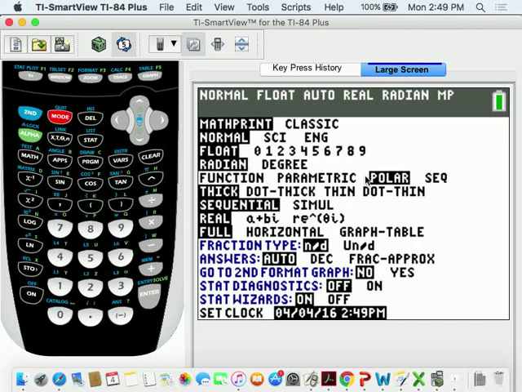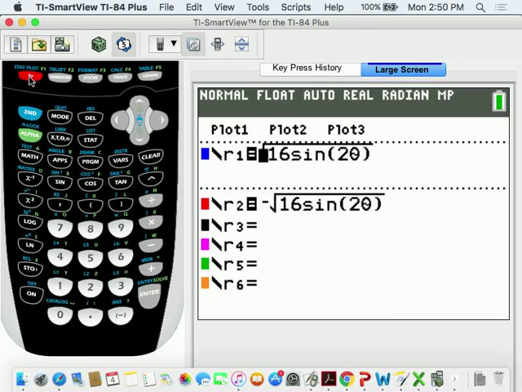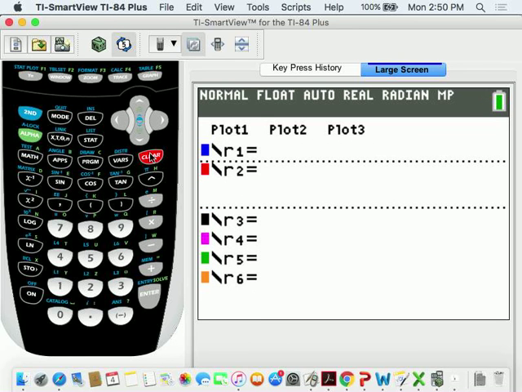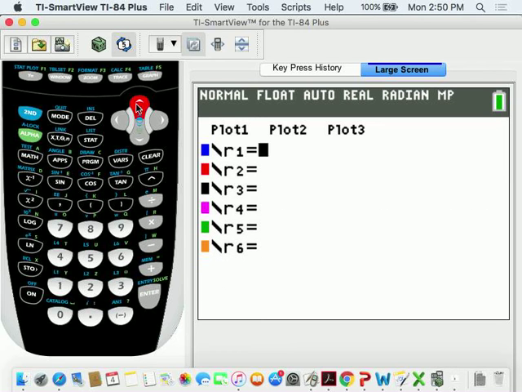You'll know you're in polar form because when you go to y equals, normally we see Y1, Y2, and so on. Well, in polar form, you'll see R1 and R2, because all of these equations are r equals something.